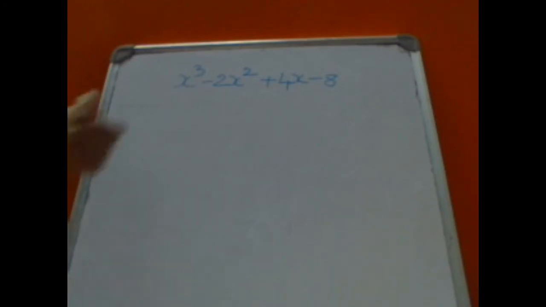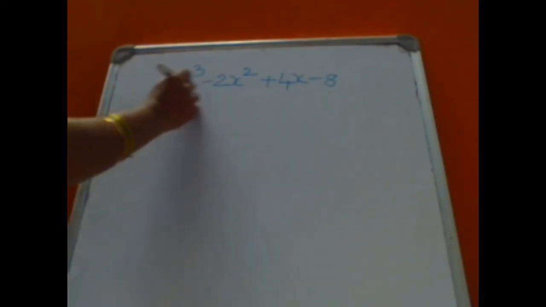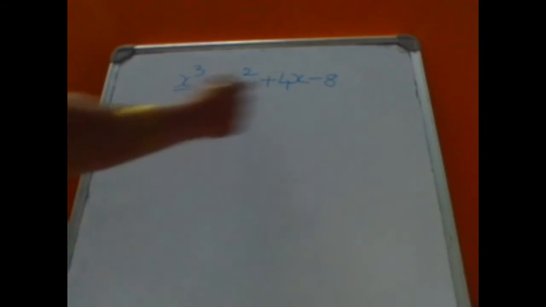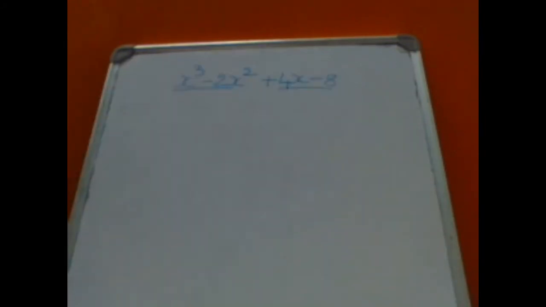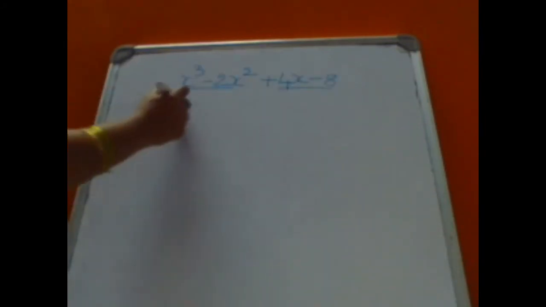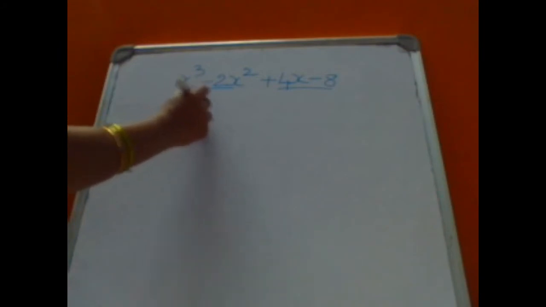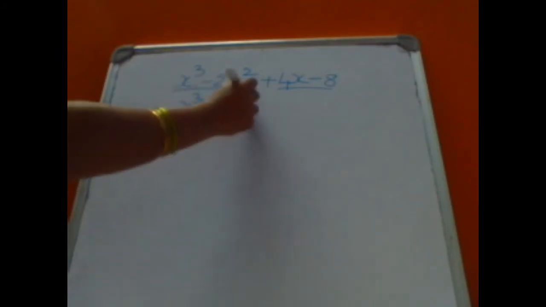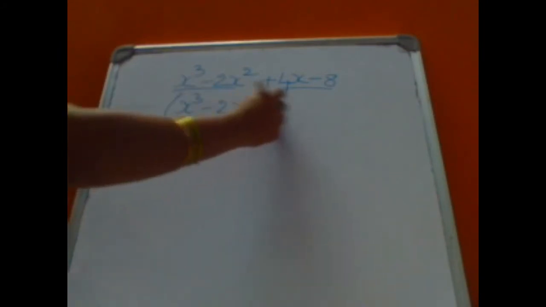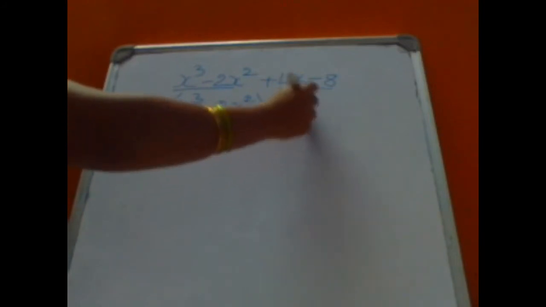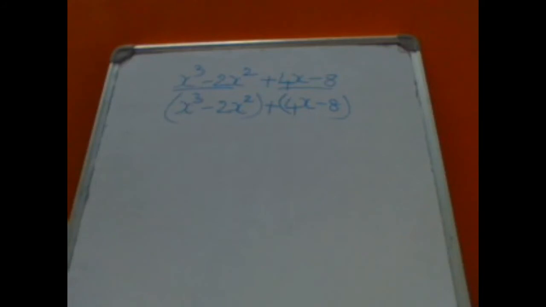So for example, in this you can group the first 2 terms and the last 2 terms together as groups. x cube minus 2x square will be one group, plus 4x minus 8 will be another group. I have grouped now in such a way that from these groups we can take the common factor.